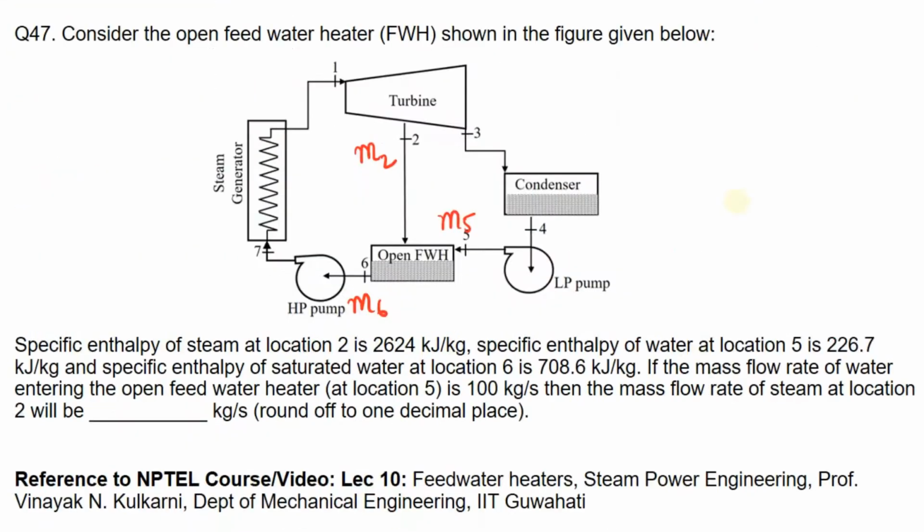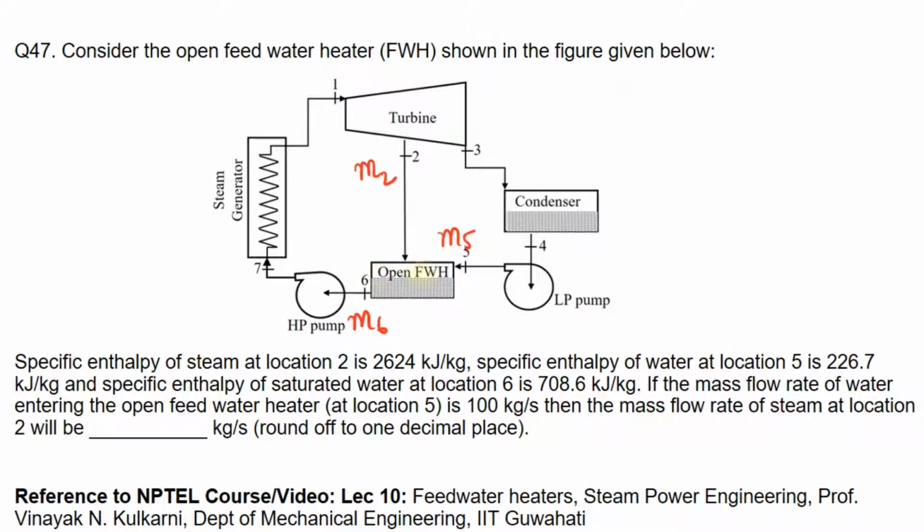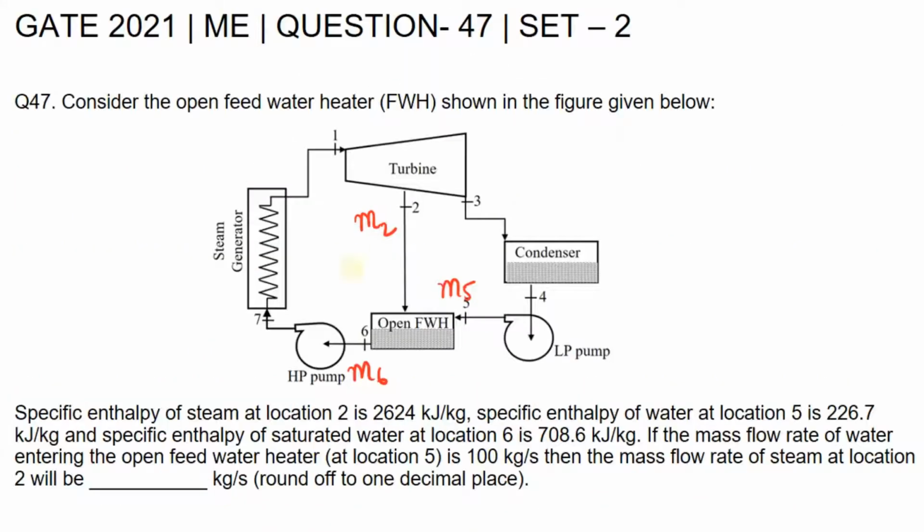If we apply the energy balance equation for this open feed water heater, because 2, 5 and 6 are involved here. Now in the diagram, if we observe, M6 is equal to M2 plus M5, right?